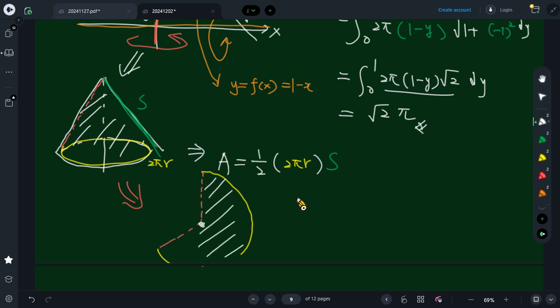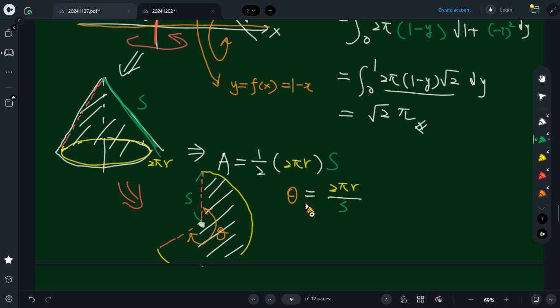This is the center, here will be s, and here will be the angle theta. If you want to get theta, it will be 2 pi r over s, by the fan area.